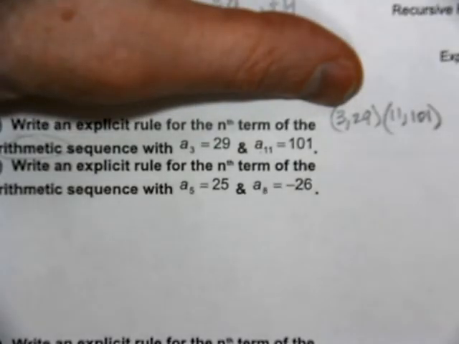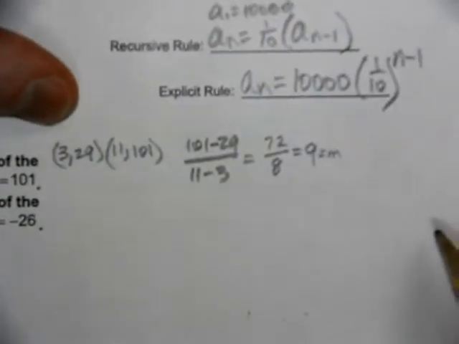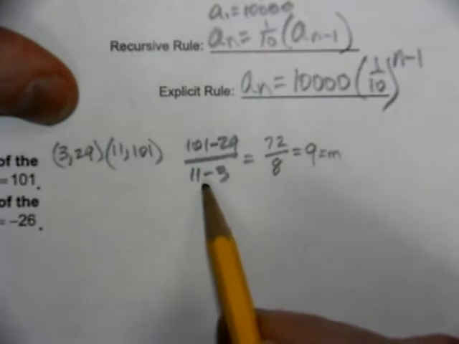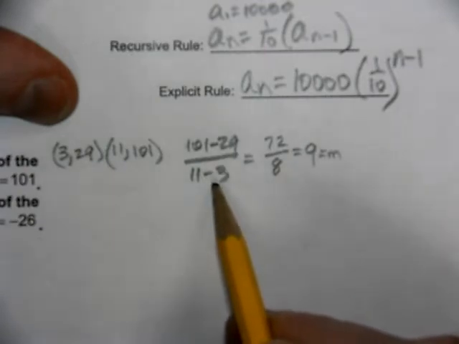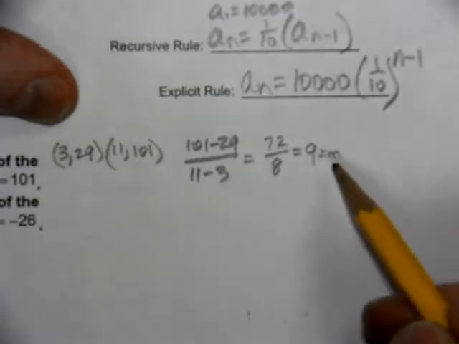So I have a point. Oh, I'm sorry, you couldn't see any of that. So 101 minus 29 over 11 minus 3 gives me my slope, which is my common difference.